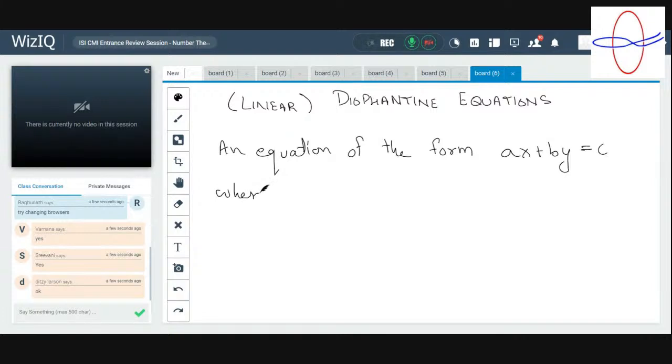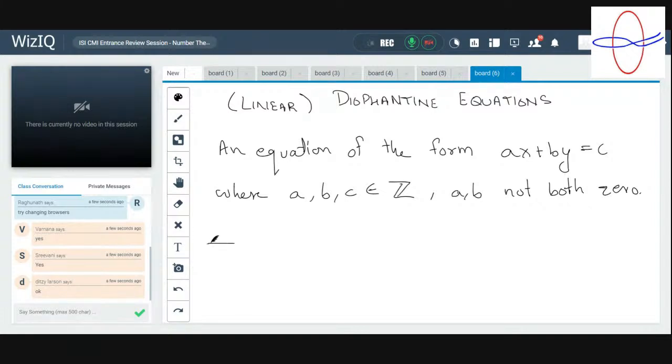So we are limiting these solutions. Of course, immediately you know that this is a line, but we are only concerned with integer points, and even more so, just so that it remains interesting, a and b not both 0. So maybe one of them is 0, in which case it's a simple equation to solve. But let's put that condition in.